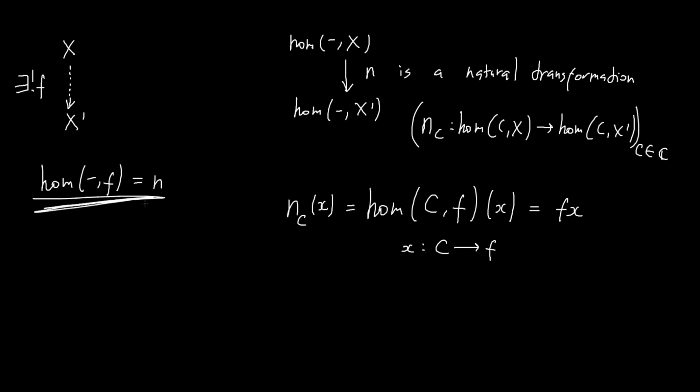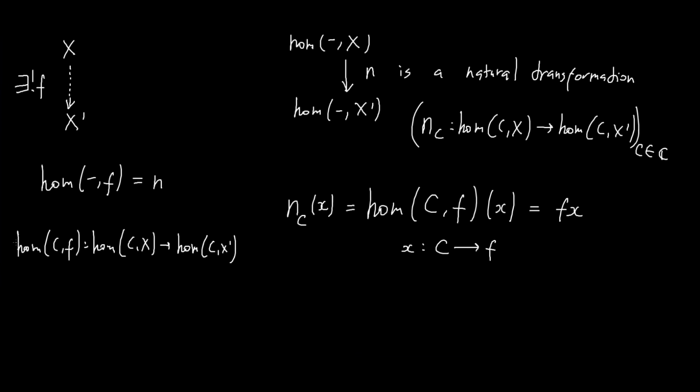This equality is nothing other than this equality, because n as a natural transformation is a family, and this as a natural transformation is also a family. It's the family of hom c f, from hom c x to hom c x prime, where c is an object in the category. If I'm saying that these two families are equal, it means that each of the members of the families are equal.